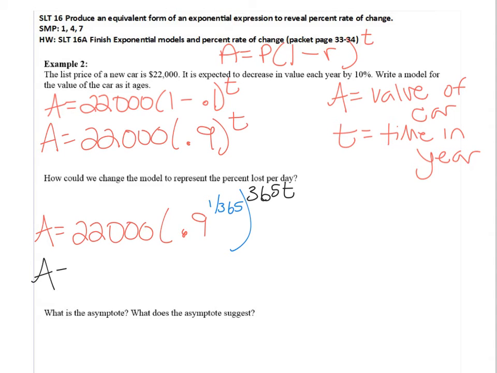To simplify it, we need to find the decimal for 0.9 to the 1 over 365. And that is 0.99971138.